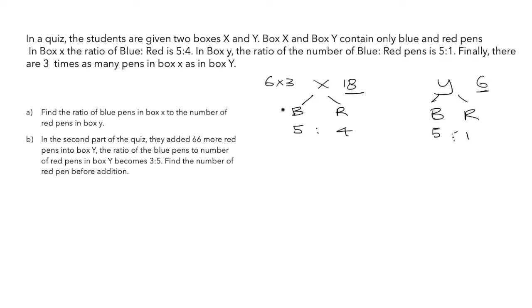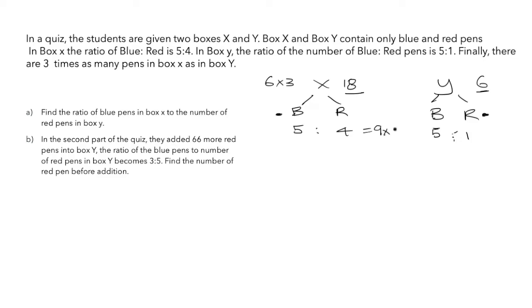But we also notice that the first question is asking for the ratio of the blue pen in box X to the number of red pen in box Y. I know that this is 18, but over here it only adds up to 9. So how do I make this 18?